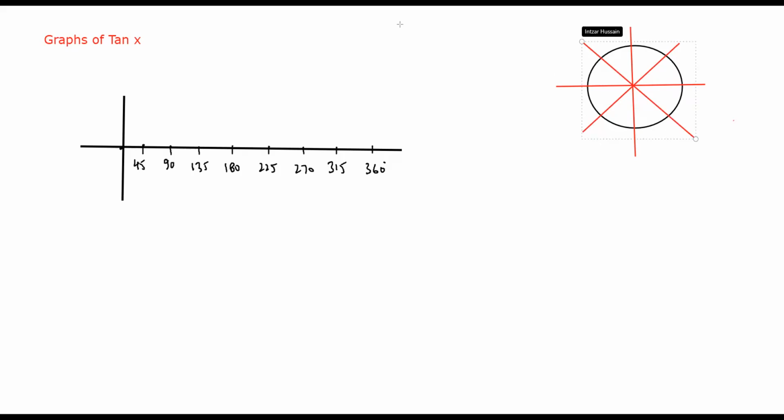That is the reason behind it. So you know that tan 0 is 0, tan 45 is 1, and then tan 90 is infinity, tan 135 is -1, tan 180 is 0, tan 225 is 1, tan 270 is again infinity, and here you have -1.